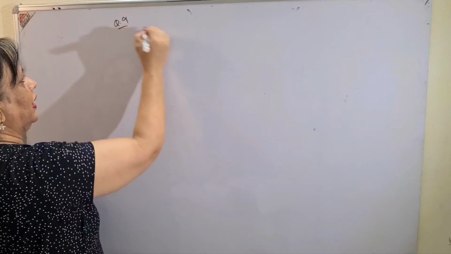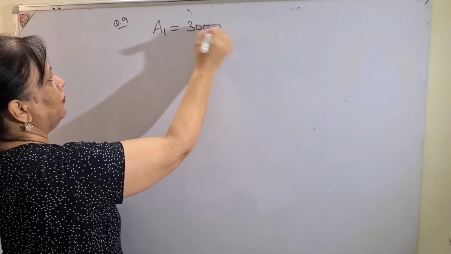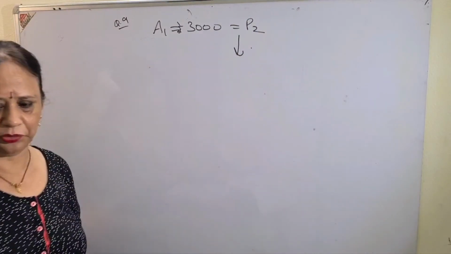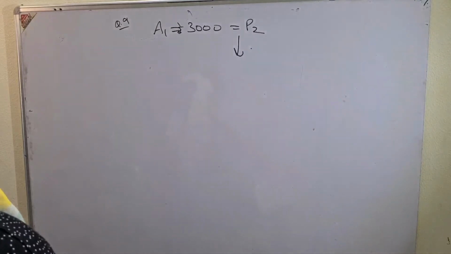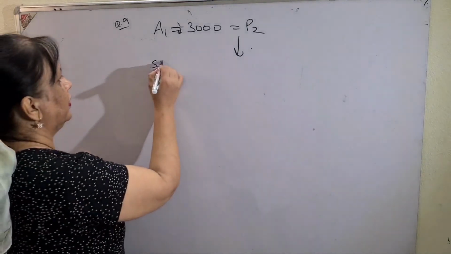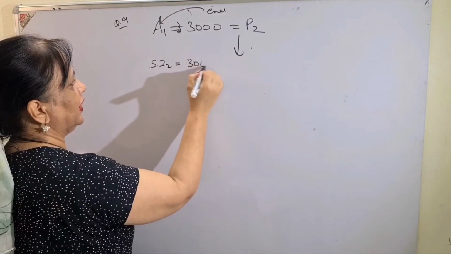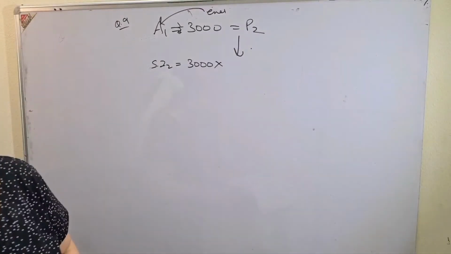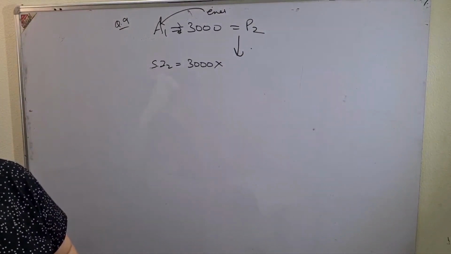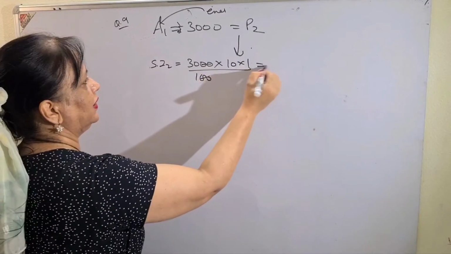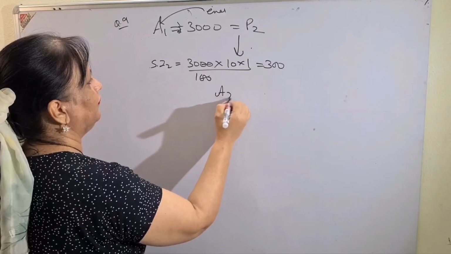That means A1 has already been given to you. Question number 9, A1 is 3,000, which will become the principal for the second year, and then the same way. I just wanted to make you understand the first line. Then you have to calculate SI2 directly because end was written, so I took it as A1. Then it is 3000 into 10 into 1 upon 100, this is 300, and of course amount 2 will be 3300.